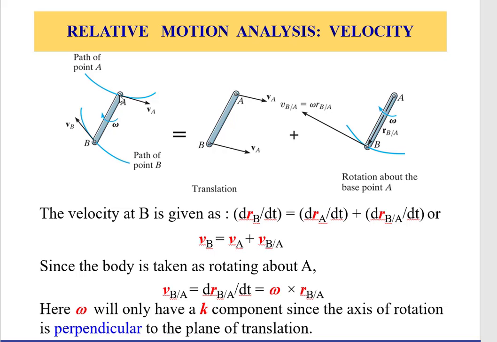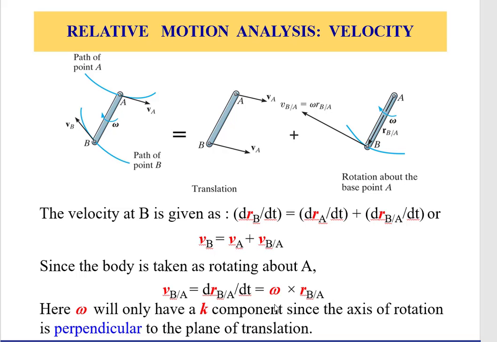So if you consider A is fixed and B is rotating about it, then the VB relative to A is simply the angular velocity cross product of the vector RB relative to A. And that's again what we discussed about the rotation about a point.